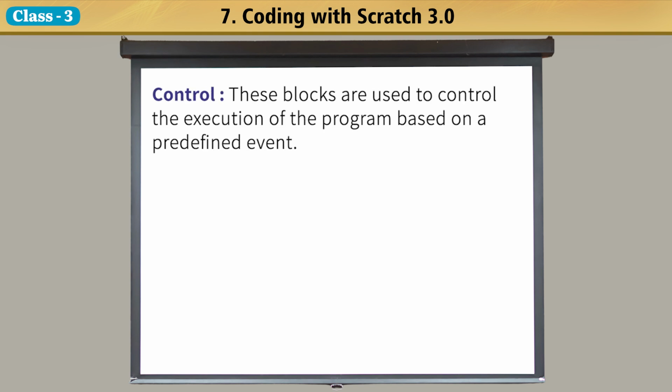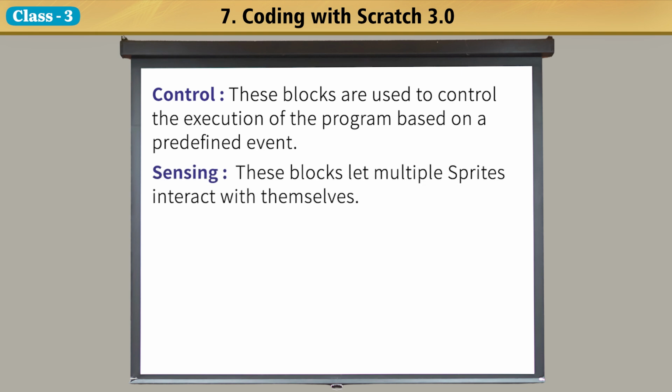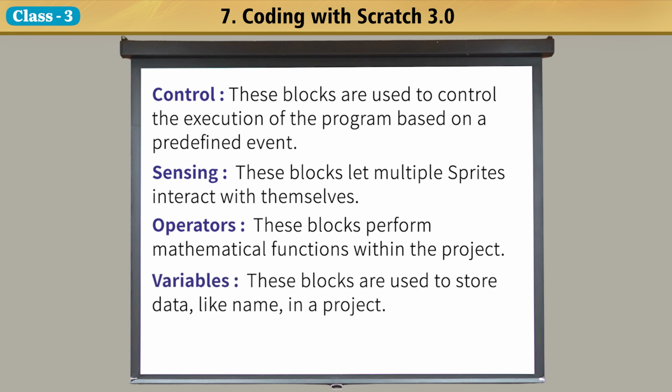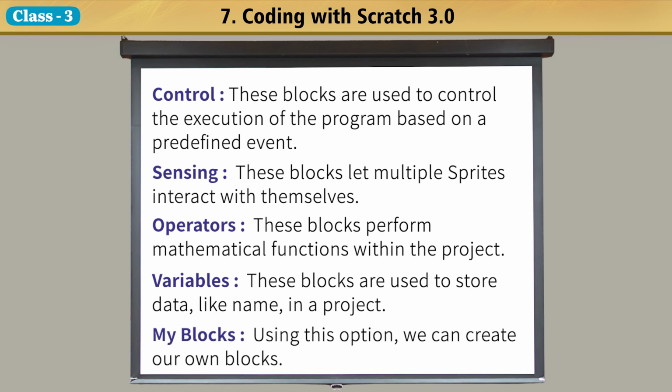These blocks are used to control the execution of the program based on a predefined event. Sensing. These blocks let multiple sprites interact with themselves. Operators. These blocks perform mathematical functions within the project. Variables. These blocks are used to store data, like name, in a project. My blocks. Using this option, we can create our own blocks.